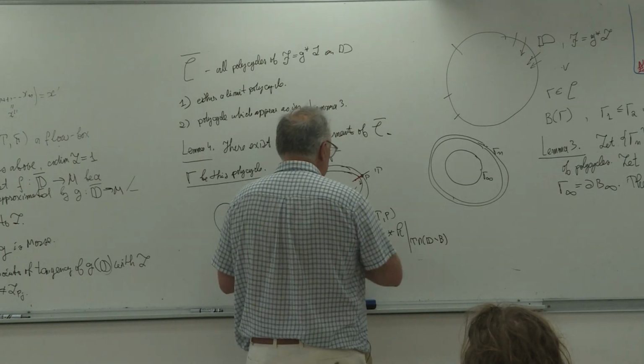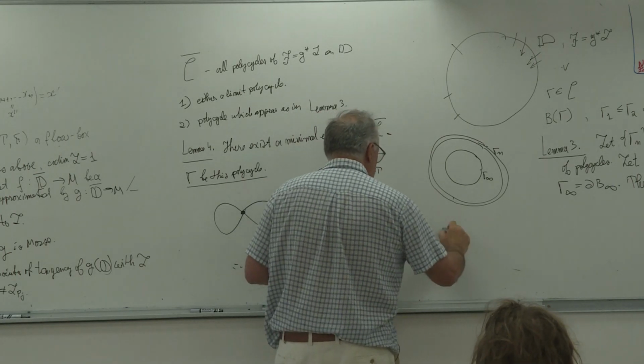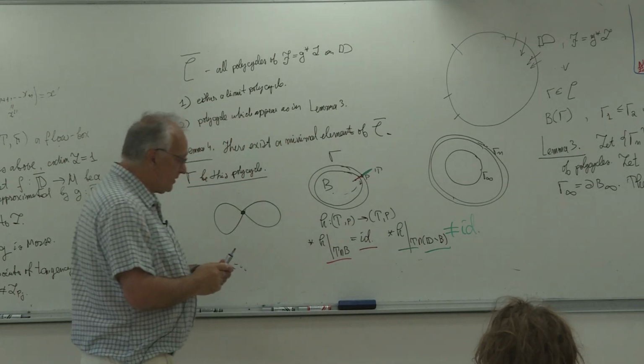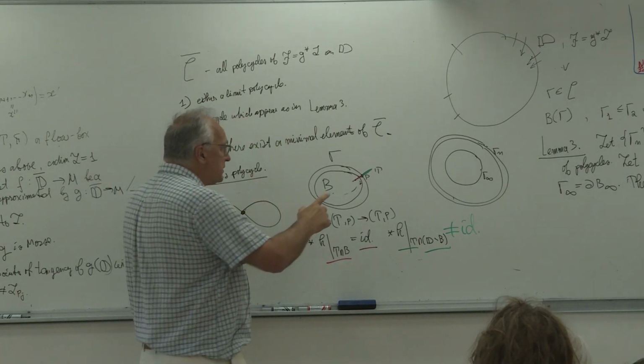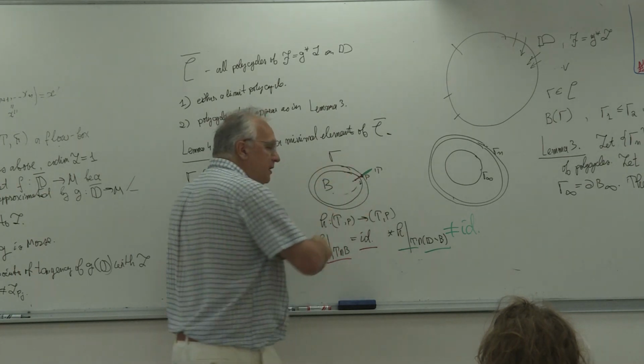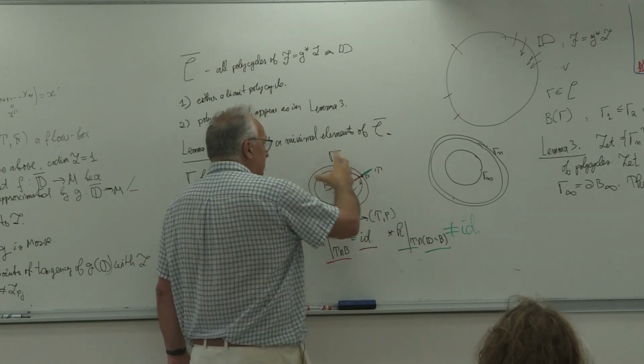And now if I restrict it here on this part, then it is not identity. Why is that? Because our gamma is either a limit cycle or is approximated by limit cycles.